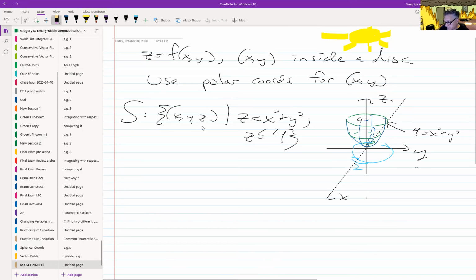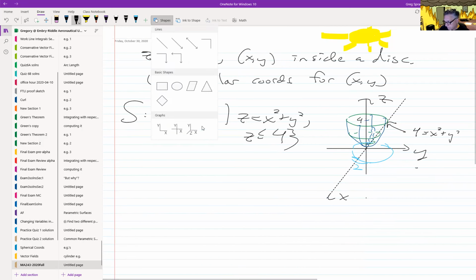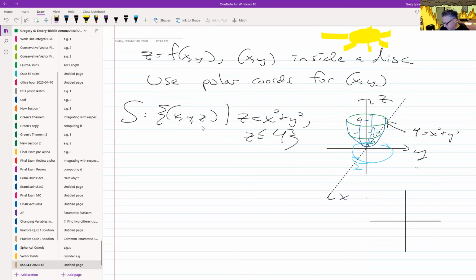If I look at it from above, what I see is a disk.